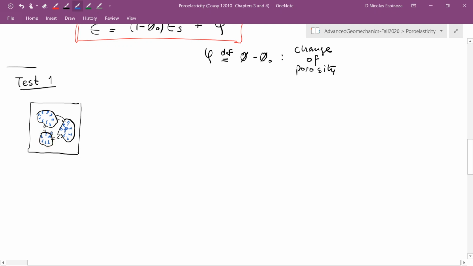All right, what do you think would happen if we apply a pore pressure in this solid? You cannot really answer this until we add one more condition. In test number one, we're going to fix the boundaries of this solid so it cannot contract or expand.